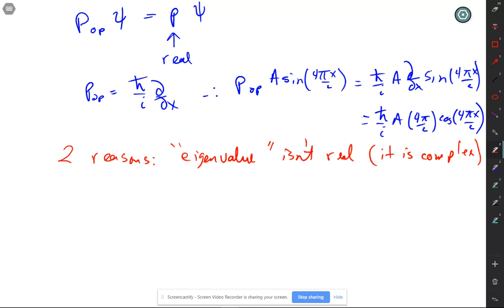So saying it's not real, it's complex, at least looks a little more meaningful. It's actually imaginary that is truthful. Complex really isn't, because complex means real and imaginary. But I couldn't write it, okay? And then the second reason is exactly what you said, it doesn't return the same function. You went from a sine to a cosine. There's no way to rectify that. So that one there, no, it's not, because of those two reasons.